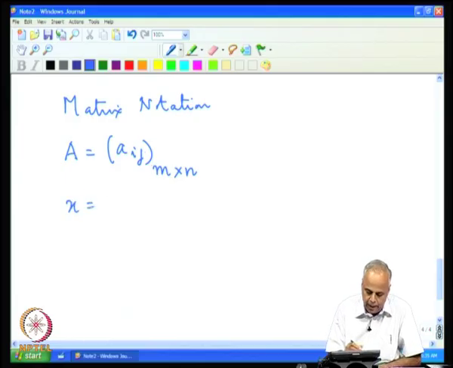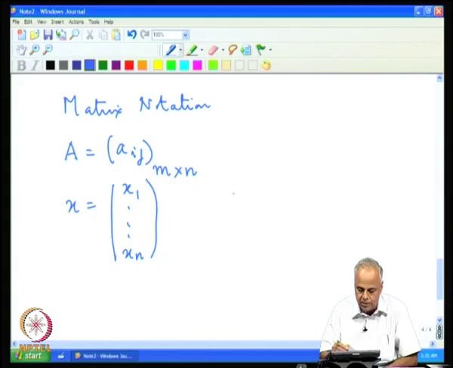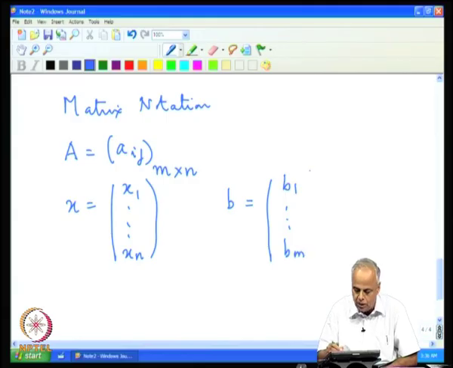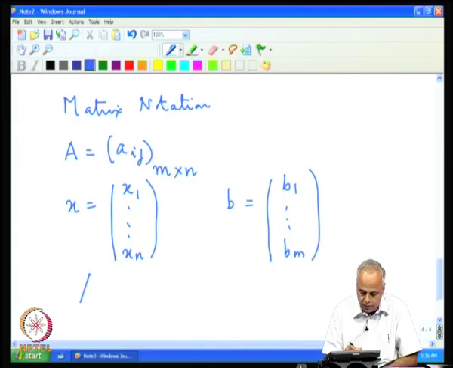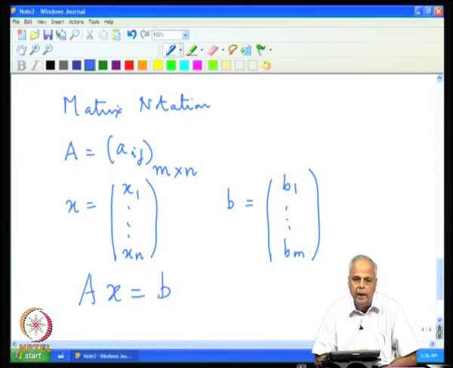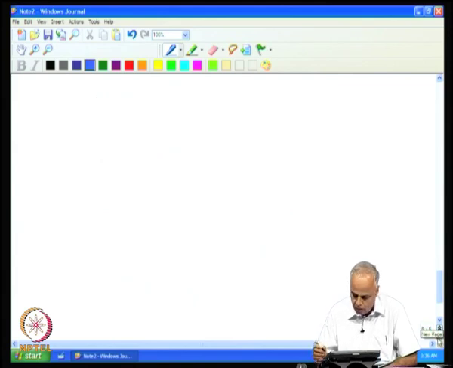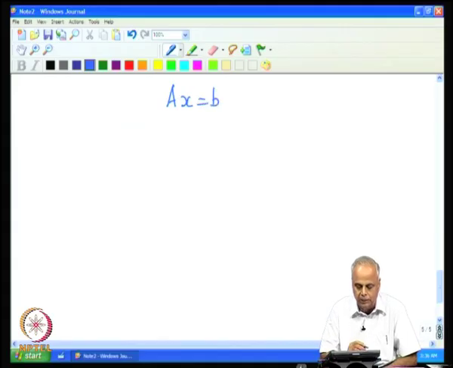We denote by X the single column matrix of the unknowns x1, x2, ..., xn, and by B the single column matrix b1, b2, ..., bm which corresponds to the right hand side. So, in matrix notation we can write the system as Ax equal to B.